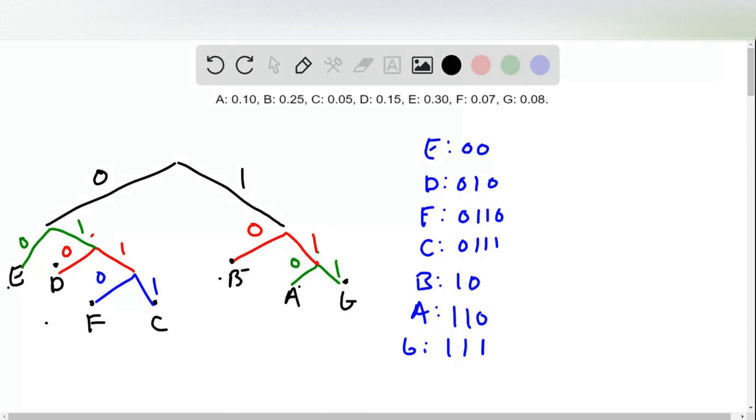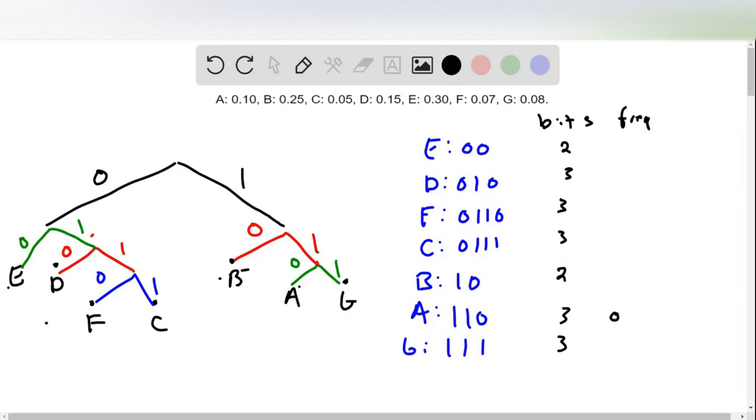Now let's go ahead and figure out average number of bits we would need for each of these. So let's put the bits here. So E has 2 bits, D has 3, F has 3, C has 3, B has 2, A has 3, and then G has 3. And then here we could put our frequencies.